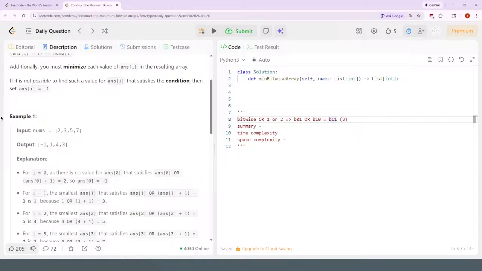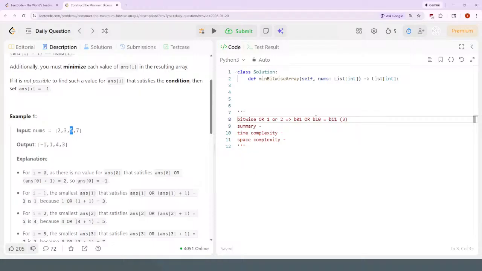And there's no two consecutive numbers that you could bitwise OR and get 2. Like if you do 0 and 1, it doesn't work. 1 and 2 gets you 3.